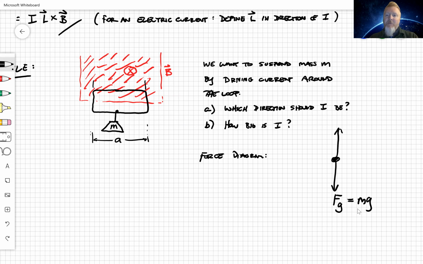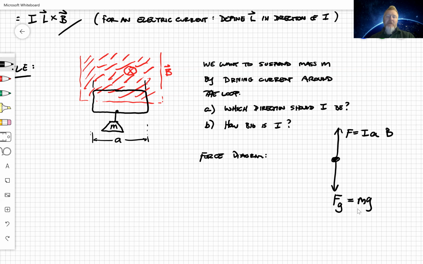I want to suspend it upwards with a force due to the current in a magnetic field, ILB. Well, in this case, it'll be IAB, because A is the dimension of the loop that is immersed in the magnetic field.